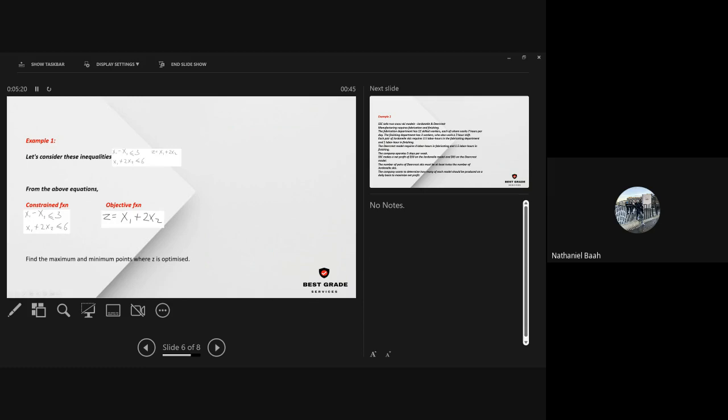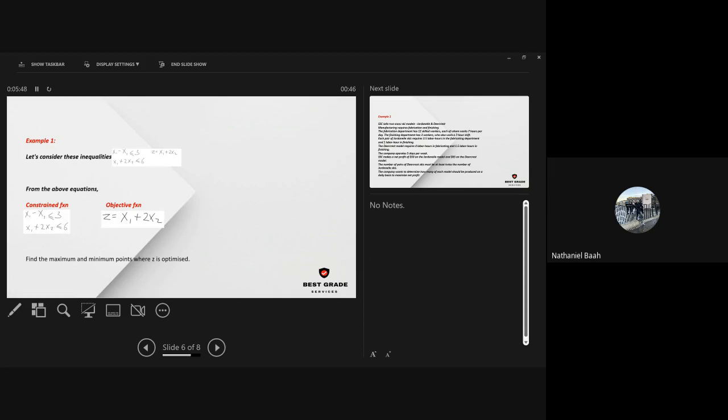Good. If I take my equation 2, x1 plus 2x2 less than or equal to 6, my unknown variables here will be x1 and x2. Great.